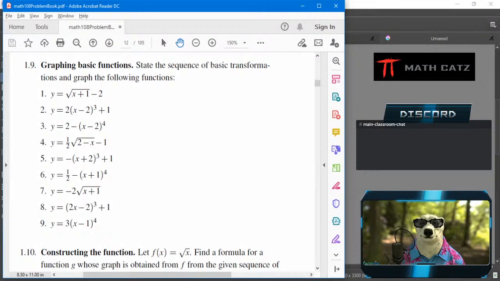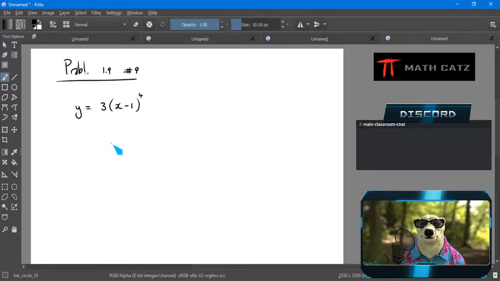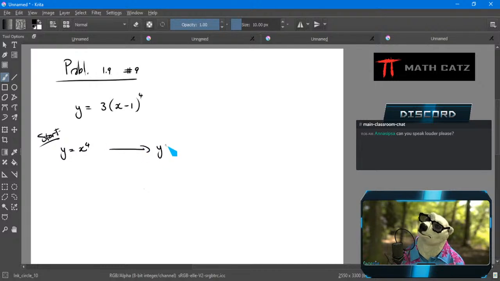We might as well graph it, right? It's not hard. So my sequence of transformations will be, obviously, I start with my basic y equals x to the 4. We'll squeeze them in here. Then y equals 3x to the 4.